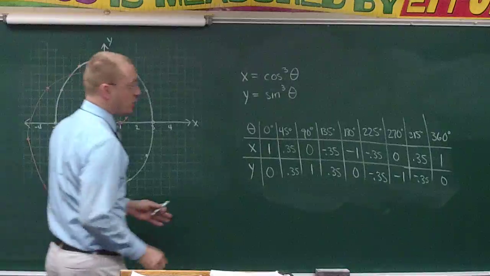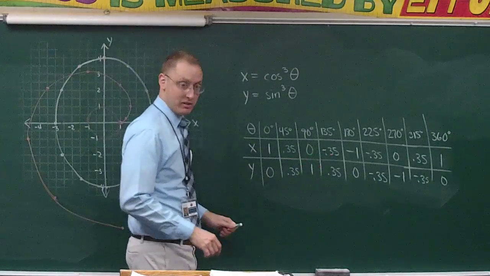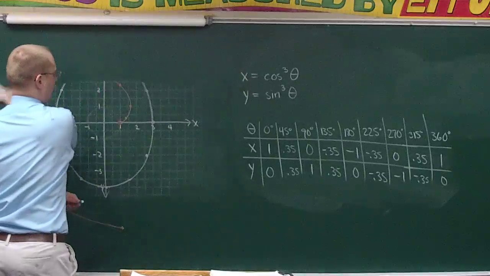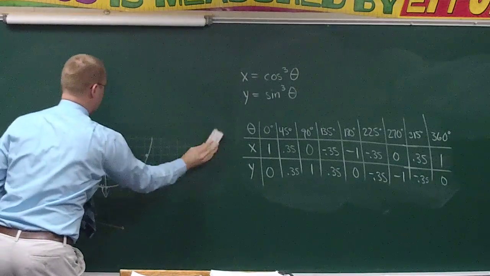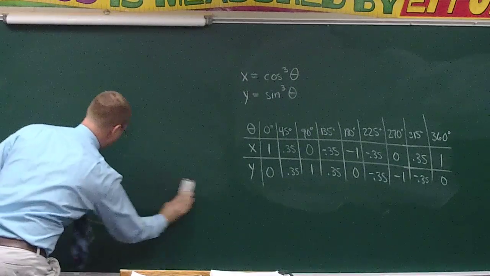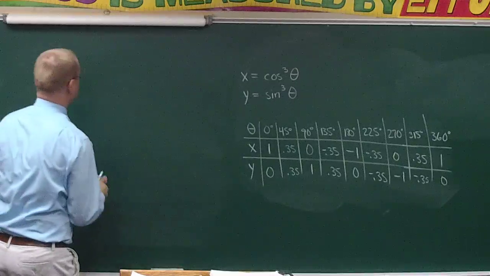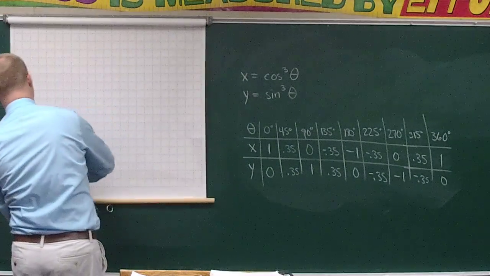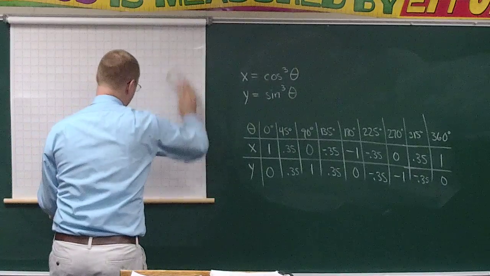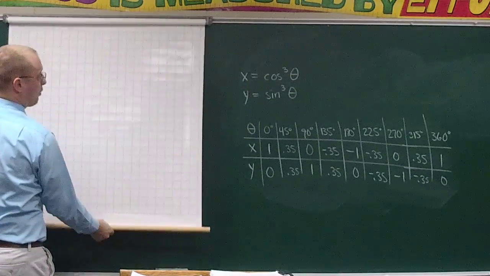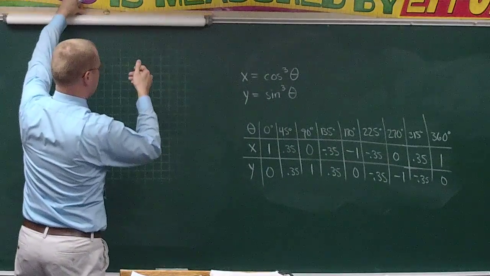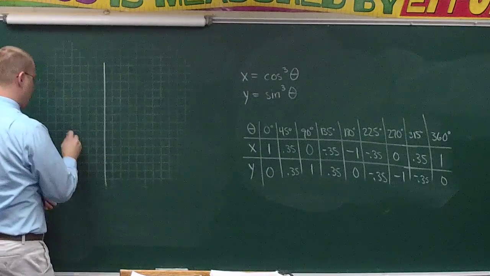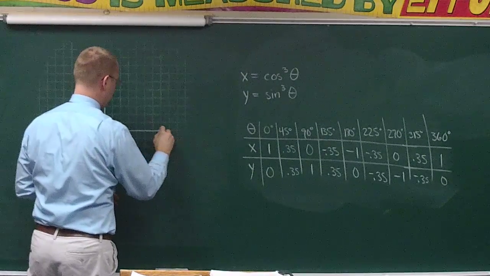Well, let's see how this goes. Now notice this time, 1 is my biggest value. So I really could stand to give myself a stretched out unit here. I also don't need a particularly large graph, but if we do 4 boxes to 1, that should be ample.